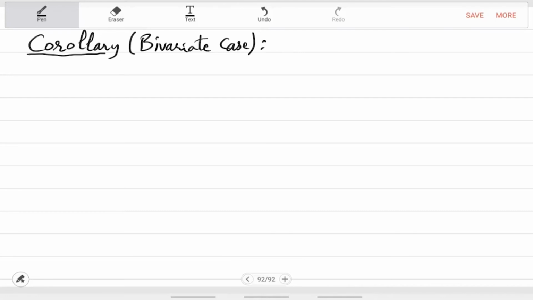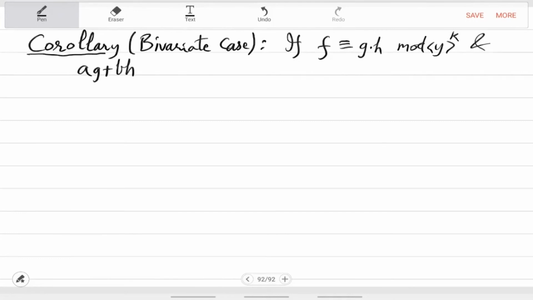So say f is g times h mod y to the k, and this is co-prime, so there is ag plus bh equals 1. Moreover, g is monic.